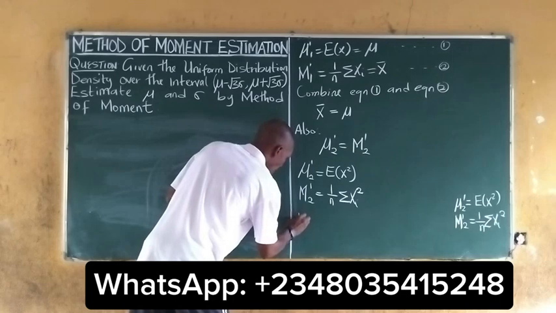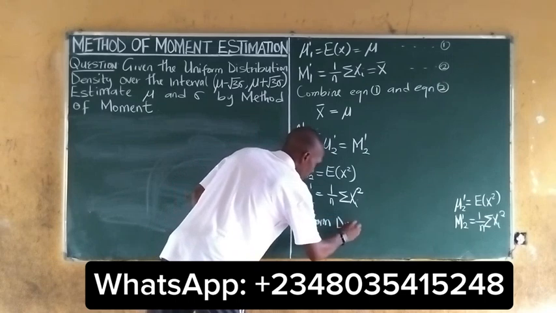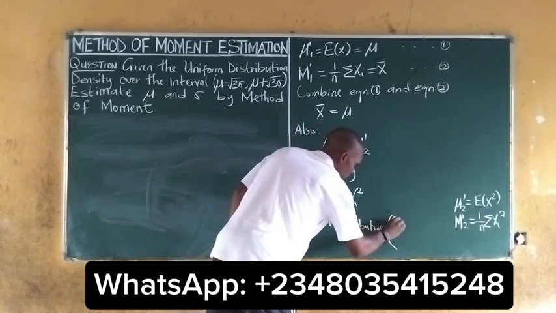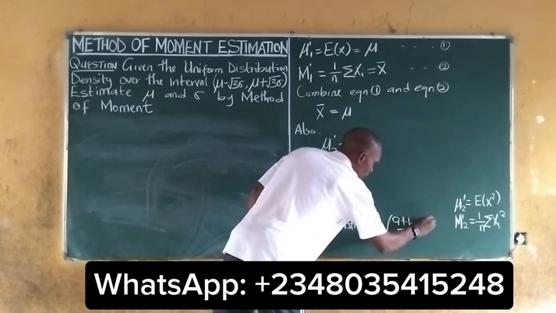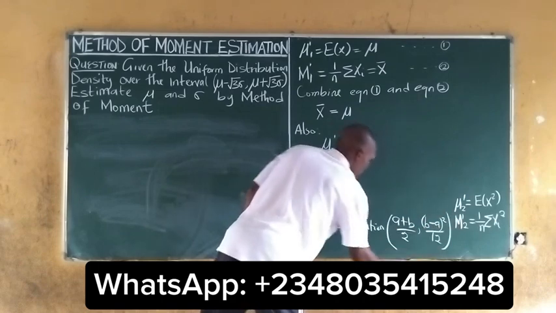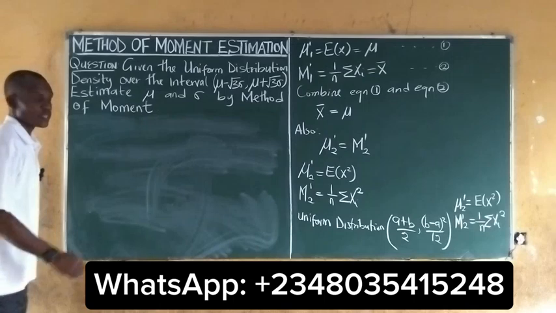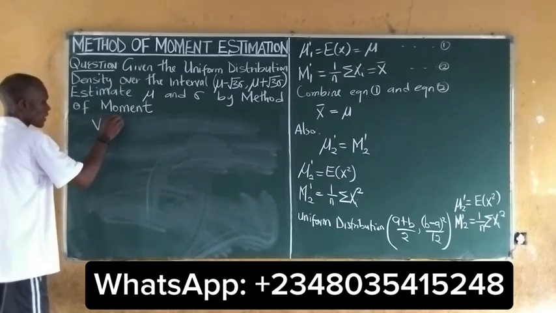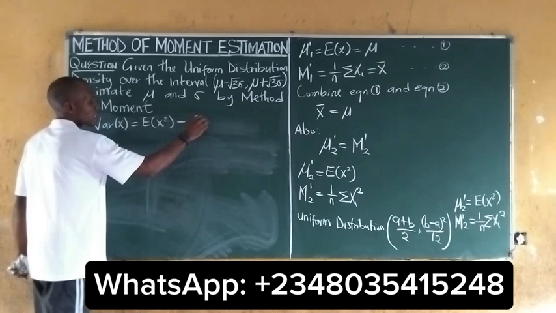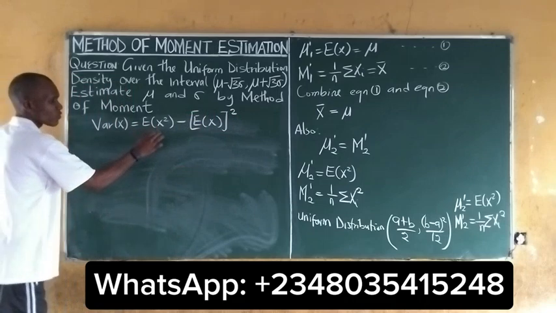You should note that for our uniform distribution, the mean is a plus b all over 2, and the variance is b minus a all squared all over 12. So how do we get the expected value of x squared? We note that the variance of x is equal to the expected value of x squared minus the expected value of x all squared. So we make this the subject of formula.